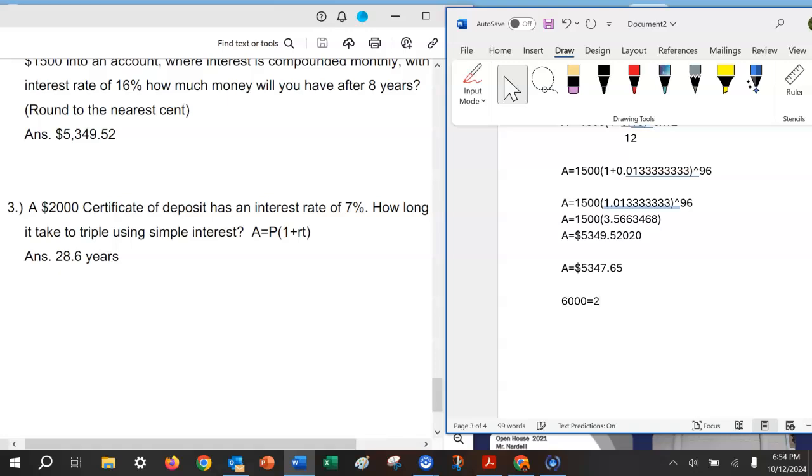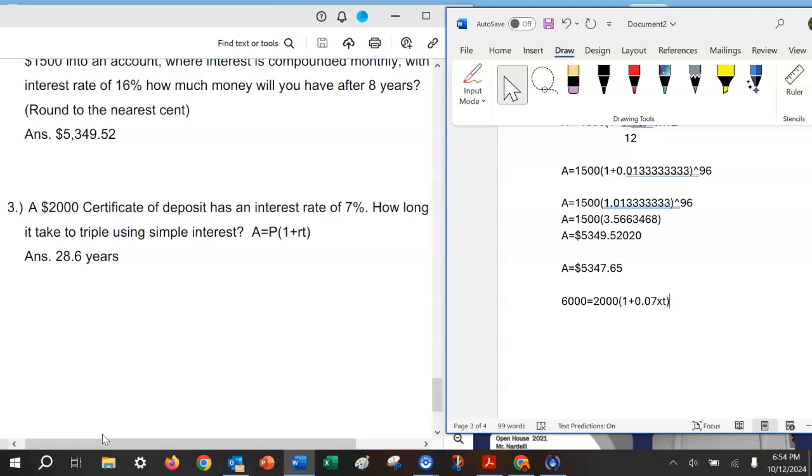So I do 2,000 parentheses 1 plus the rate 0.07. Oh boy, 0.07 times the time. I'll put t times the time. And that's what I don't know.